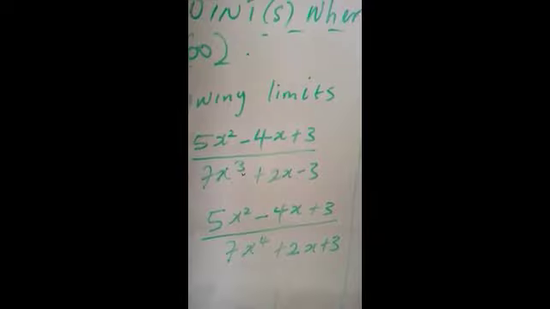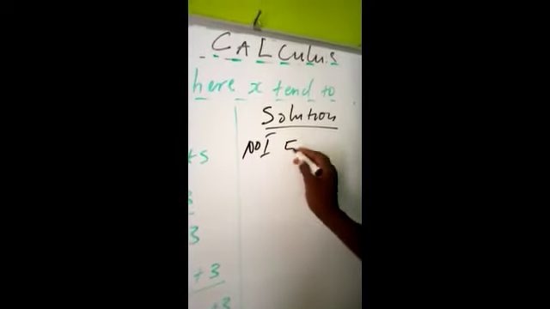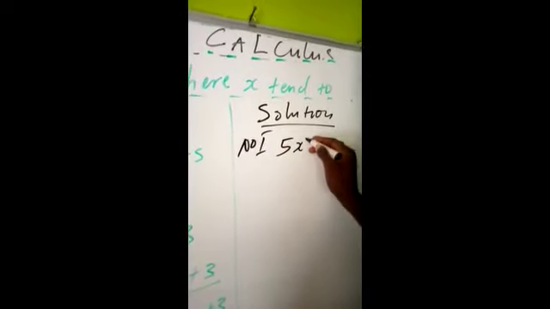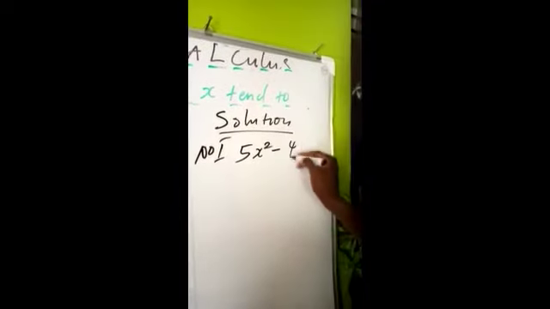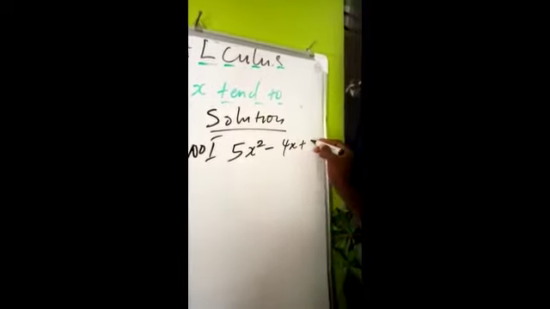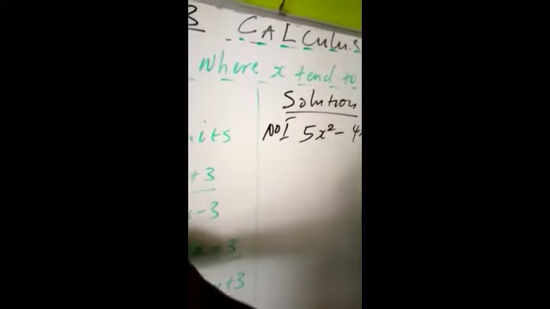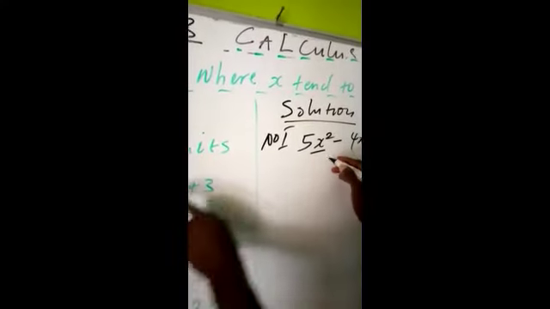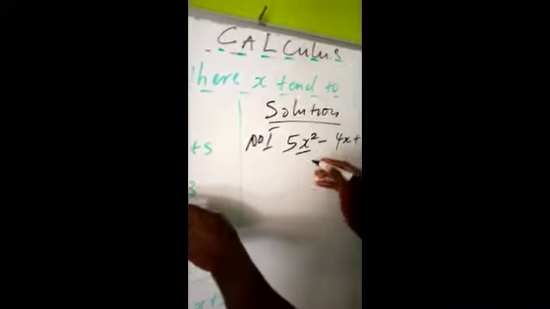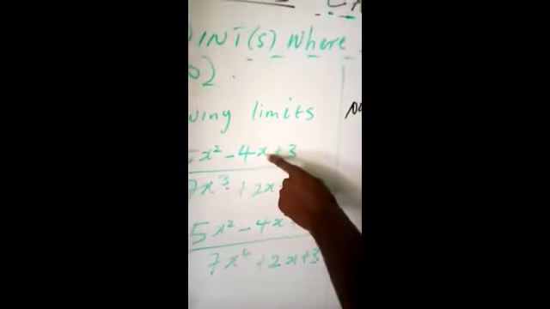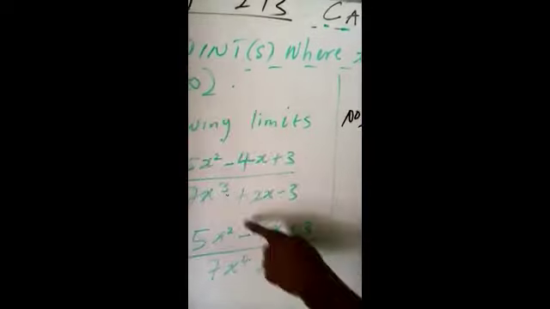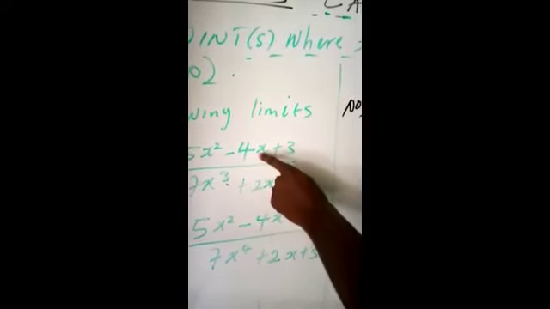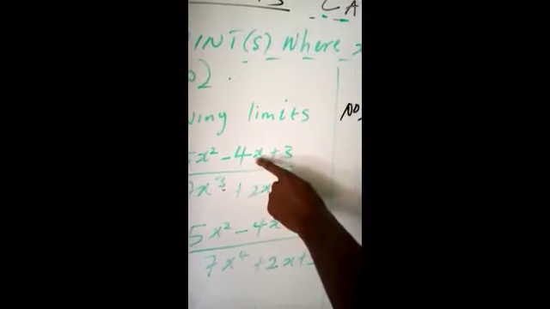So watch it now. We have 5s squared minus 4s plus 3, for the top one, divided by s raised to power 3.